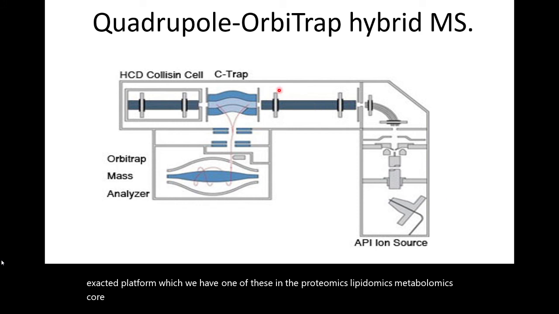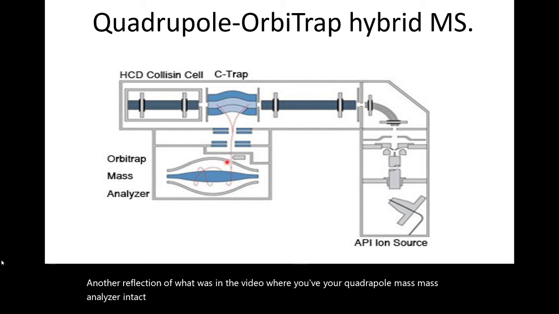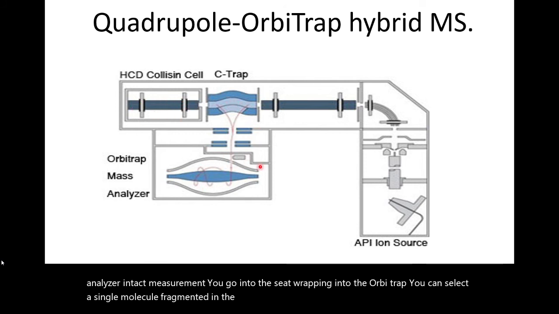It's another reflection of what was in the video, where you've got your quadrupole mass analyzer, intact measurement, you go into the C-trap and into the Orbitrap. You can select a single molecule, fragment it in the collision cell, and measure the fragments in the Orbitrap.